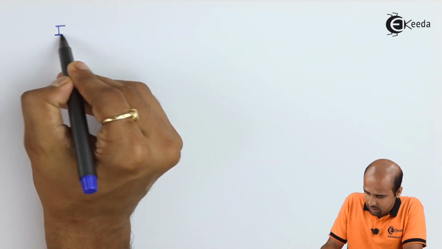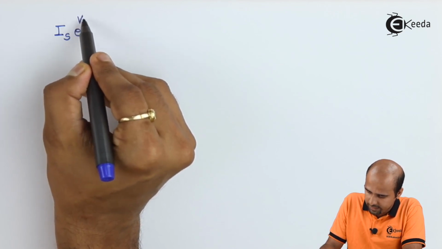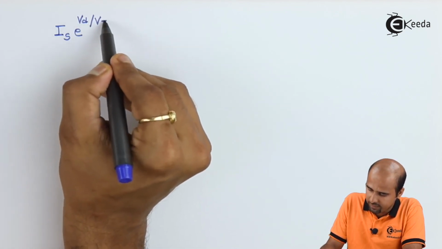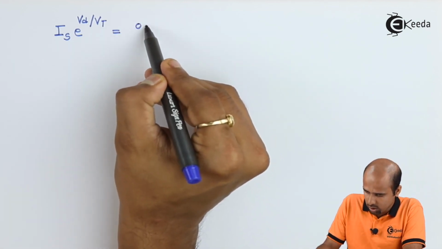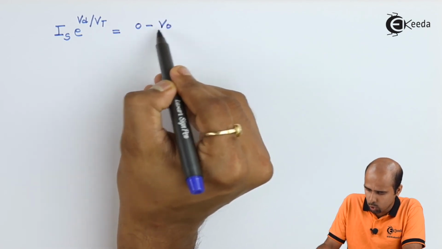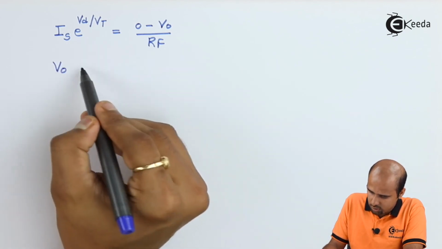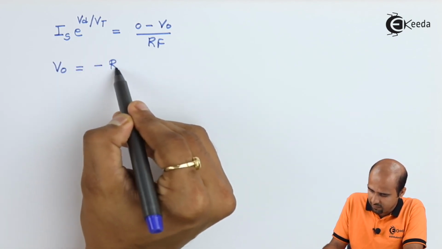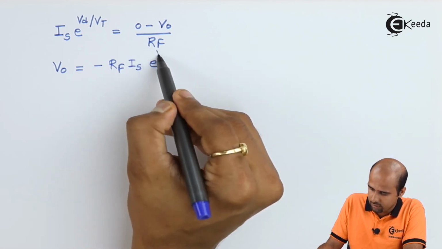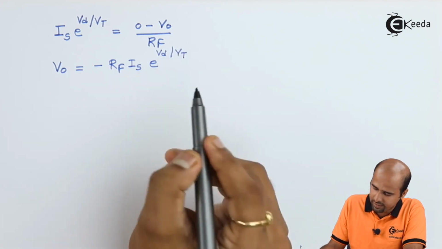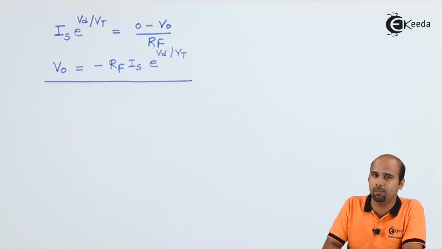IF is nothing but the reverse saturation current, that is IS into e to the power Vd divided by Vt, is equal to, I can say, 0 minus Vo divided by Rf. We can easily get to know what Vo is. Vo is equal to minus Rf multiplied by Is into e to the power Vd divided by Vt. That gives you the expression of the anti-log amplifier.